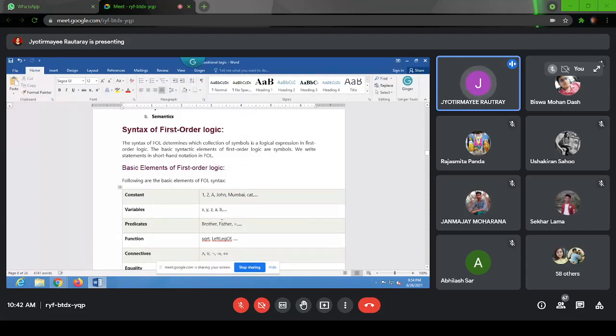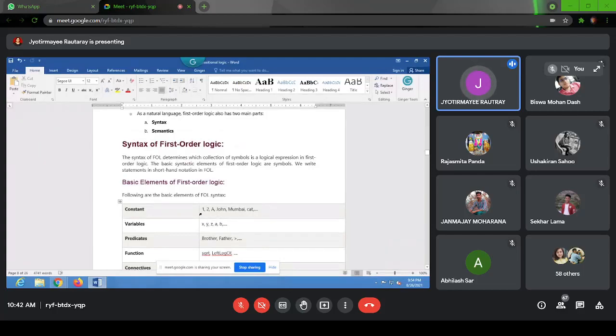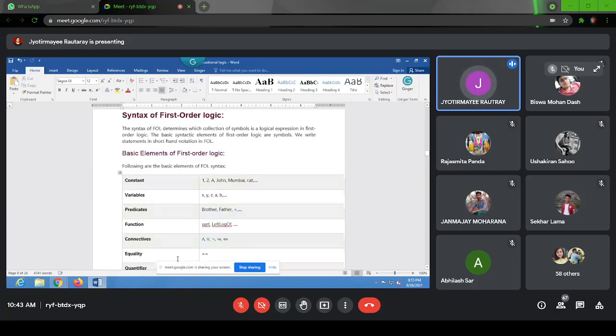In first order logic you have to identify only two things: what is the subject and what is the predicate. In an English sentence, excluding the subject part, whatever you have comes under predicate. From that predicate you have to identify the relation, and accordingly construct the first order logic.